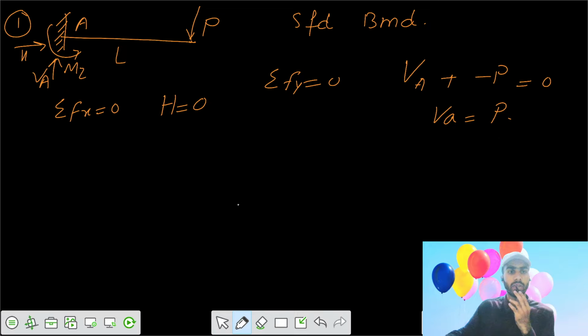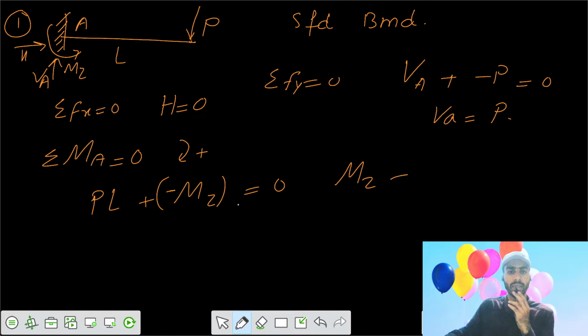Now if we take the summation of moments at point A about the z-axis equal to 0, with clockwise moments as positive, then P into L clockwise plus M_z anti-clockwise equals 0.